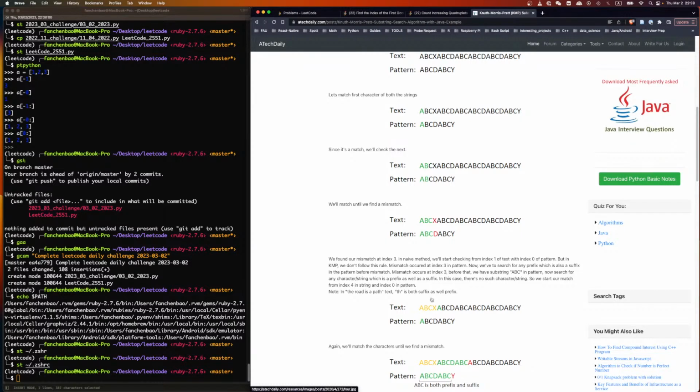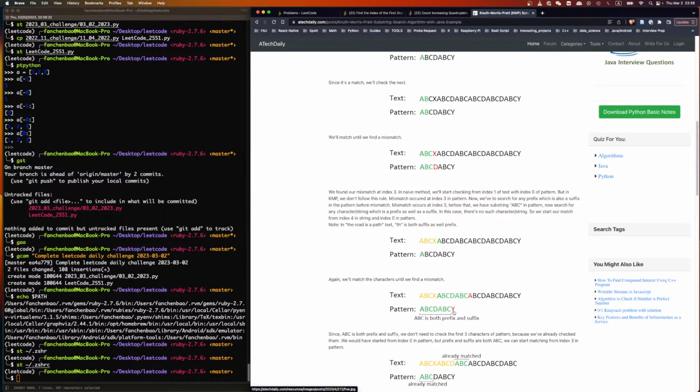As well as a suffix. No, so we start matching this. We'll match until we find a mismatch.